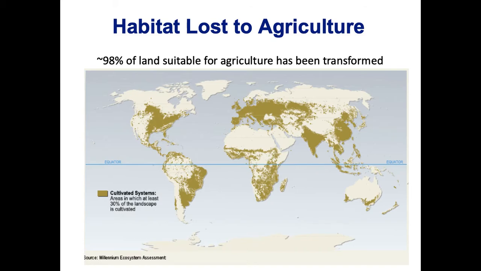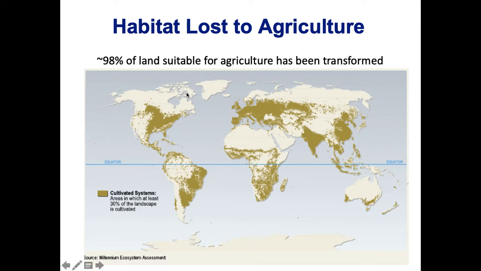Agriculture is one of the biggest reasons that habitat has been transformed into something more human dominated because we need to eat. And so you can see that at least these colors are where at least 30% of the landscape is cultivated. So if you broke this down into little squares and you added up all the agricultural land, at least 30% would be cultivated.